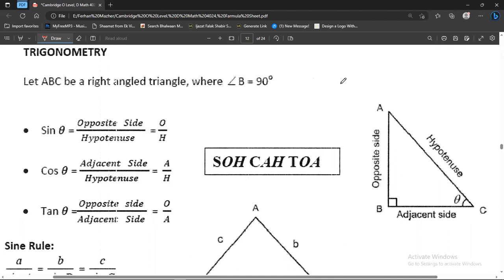We call it O divided by H. And cos theta will be the adjacent side divided by the hypotenuse, that is called A by H. And tan theta will be equal to the opposite side divided by the adjacent side, that is O divided by A. How can you remember this? SOHCAHTOA. If this is the angle you are considering, then this will be the opposite side and this will be the adjacent side, and the side opposite to the 90 degrees is always called the hypotenuse.